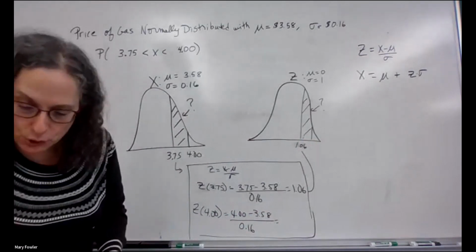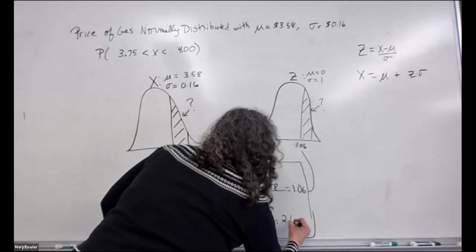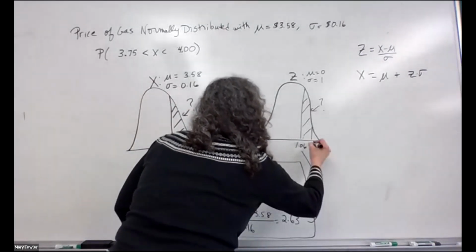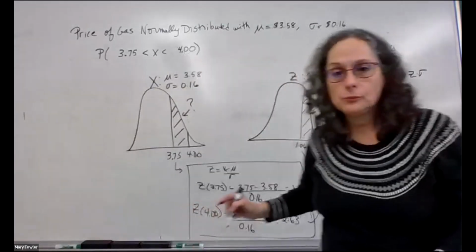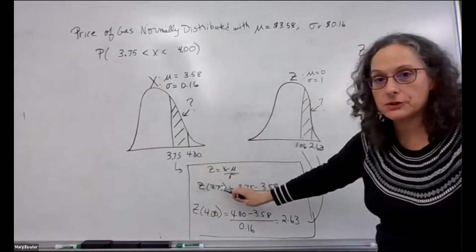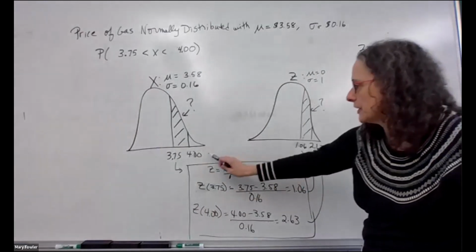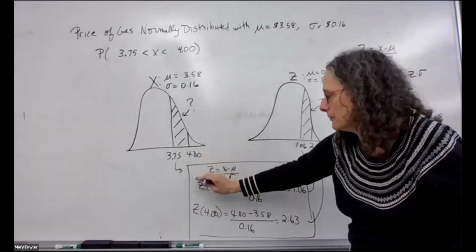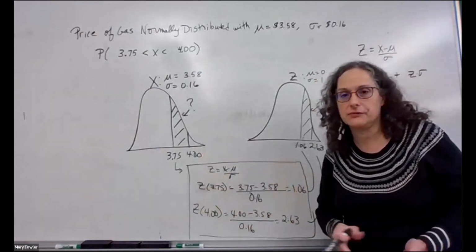I'm getting 2.63 to two decimal places. So 3.75 went on the Z bus and came out as a Z score of 1.06, and 4.00 went on the Z bus and came out as 2.63.